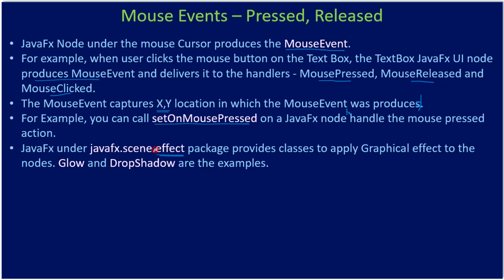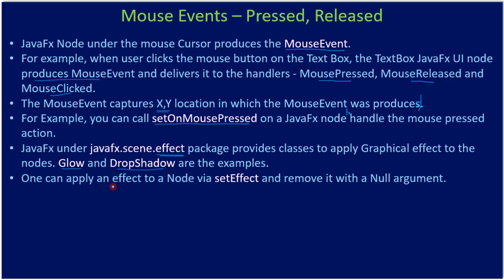As already told, the node can be a graphical element or it can be a UI control. So the effect package will have some classes, right? Say for example Glow, that's one class which will produce the glow effect. DropShadow, that's one class which will produce the shadow effect.